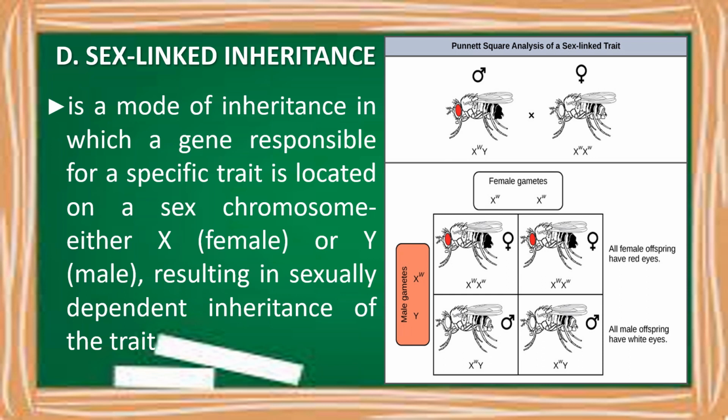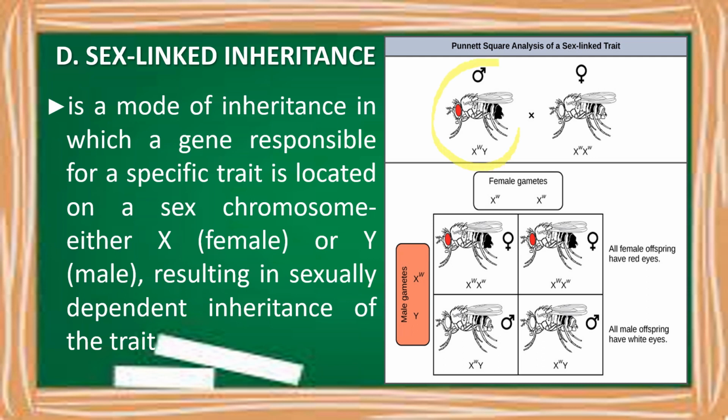So, for example, in a Punnett square analysis of a sex-linked trait, this is a male insect and a female insect.